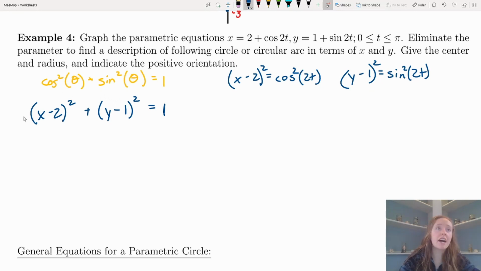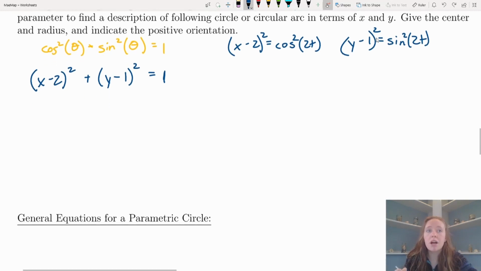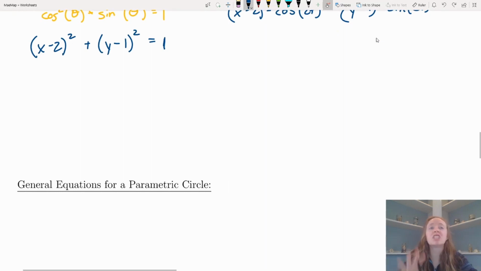So I still have some circle with a radius of 1, although I'm not sure if it's a full circle yet until I really use those t values. However, I'm no longer centered at 0, 0, because I'm shifted in the x direction and I'm shifted in the y direction.